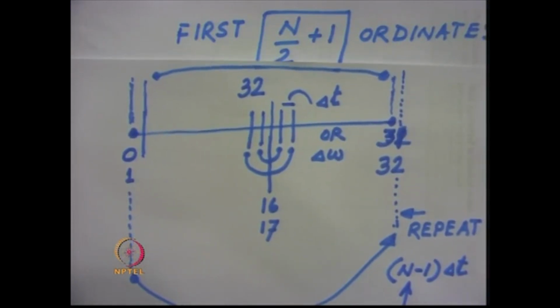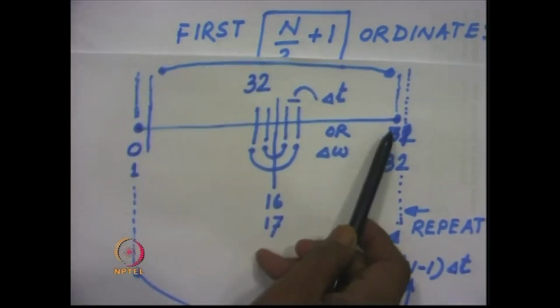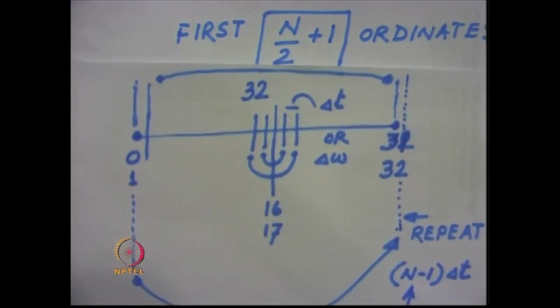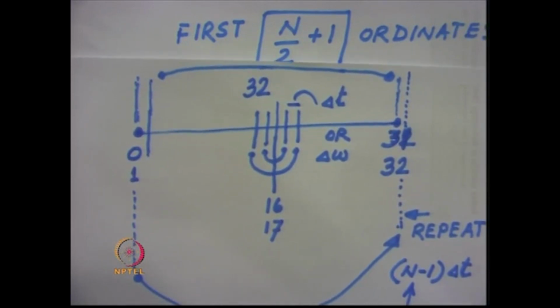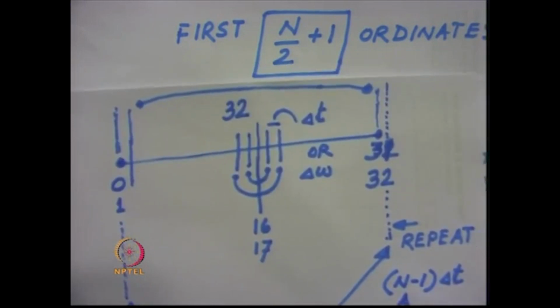Say if we have got 32 ordinates, sampled ordinates of the ground acceleration, then these 32 ordinates are sampled at a value of delta t and are given to MATLAB, and we click on FFT.